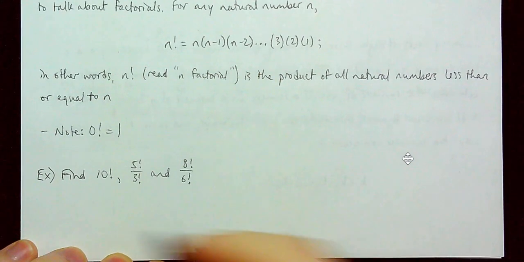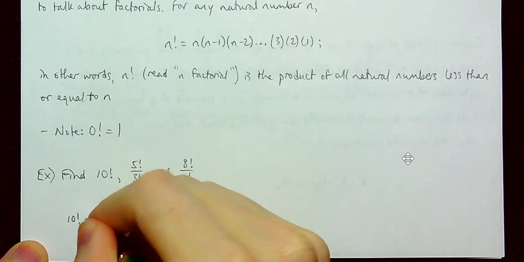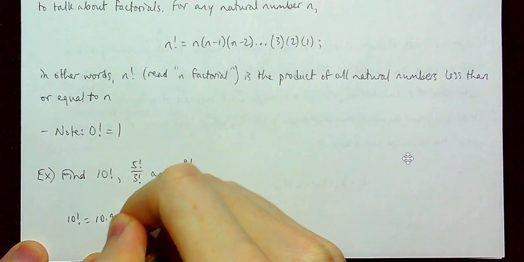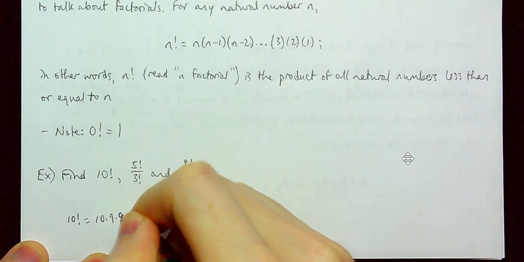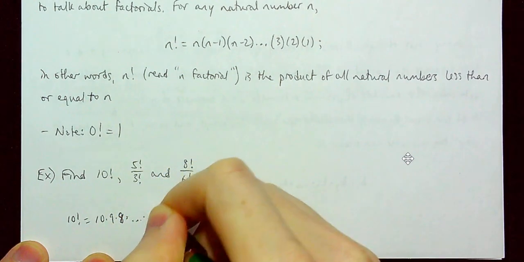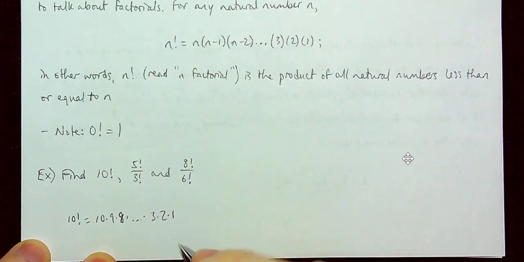First up, 10 factorial. 10 times 9 times 8 and so on, down to 3 times 2 times 1.